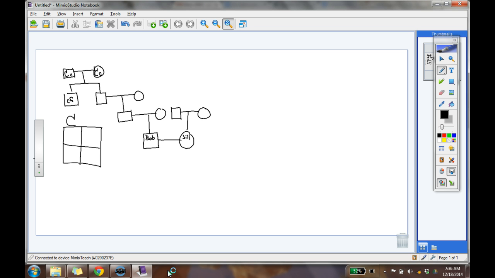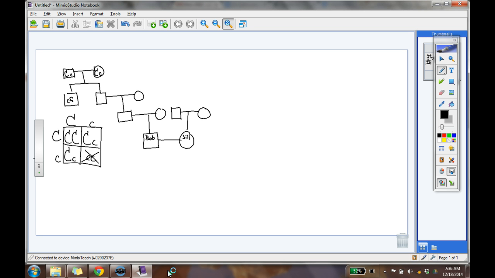So you have great grandma, you have great grandpa, and just using our knowledge of Punnett squares, we can reorganize that. And so here is his great uncle, who would have passed away a long time ago.